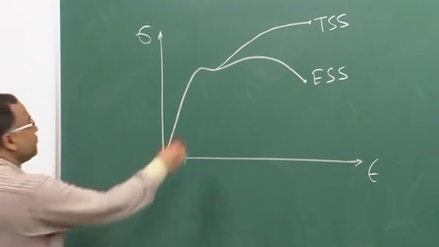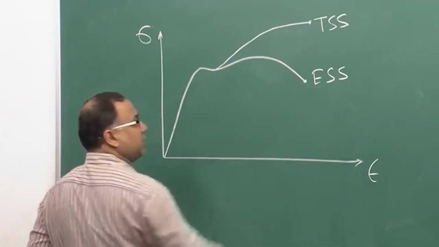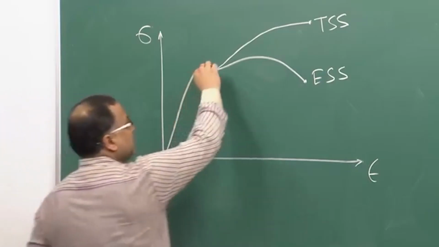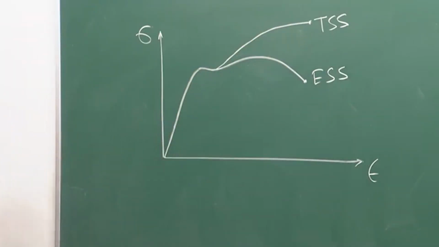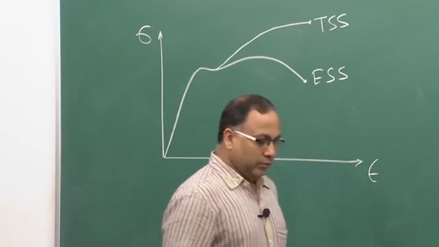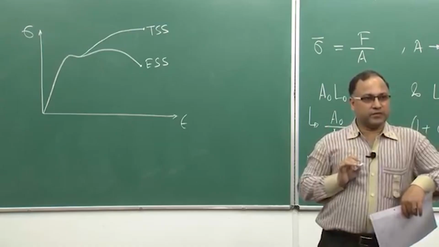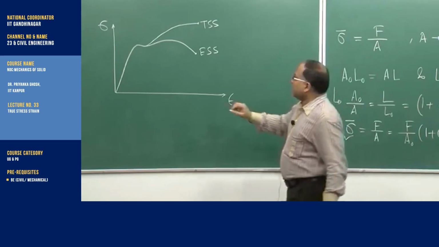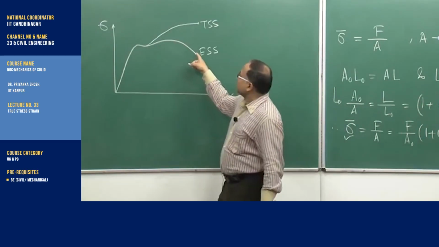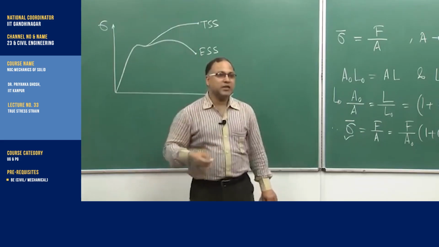But after this point, suddenly your engineering stress strain follows this path, whereas the true stress strain is following this path. Now, if you look at this region, if you define your stress strain behavior based on your engineering stress strain behavior, then after this point you are not getting this much of extra stress happening in the material.